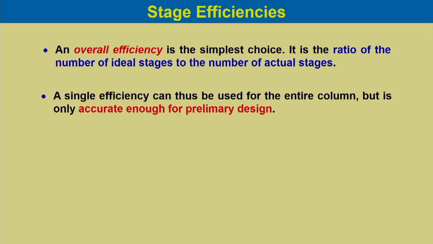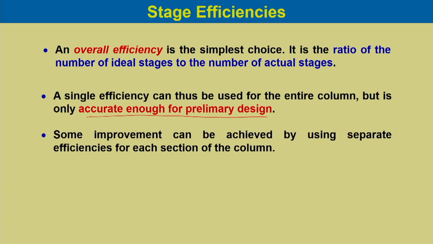A single efficiency can thus be used for the entire column, but it is only accurate enough for preliminary design. Some improvement can be achieved by using separate efficiencies for each section of the column.